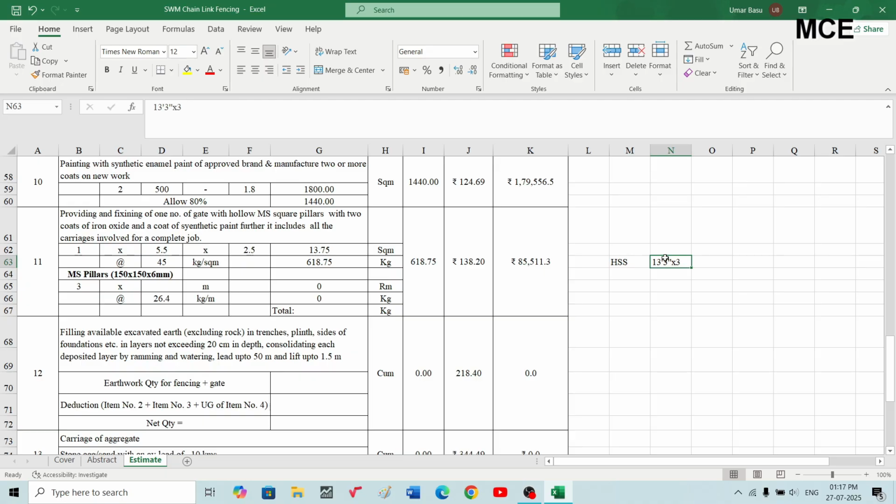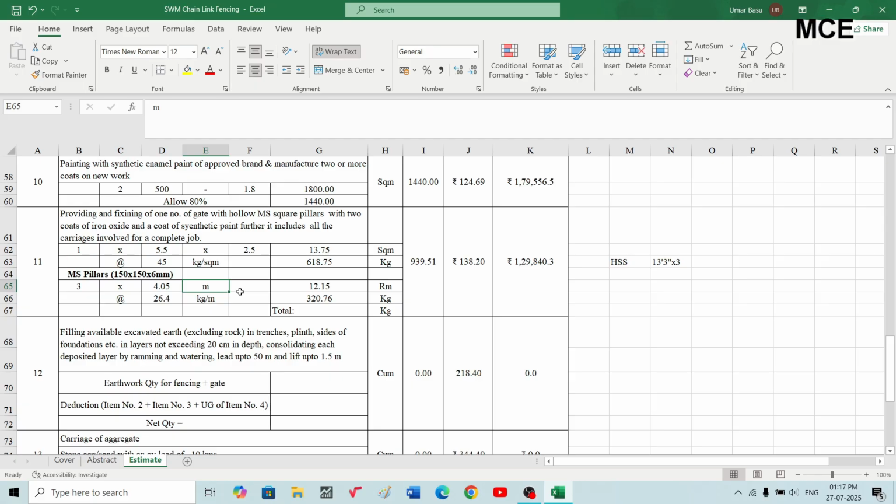And height is 13 feet 3 inches, so in meters, which is equal to 4.05 meter. Okay, 13 feet 3 inches is equal to 4.05 meters.